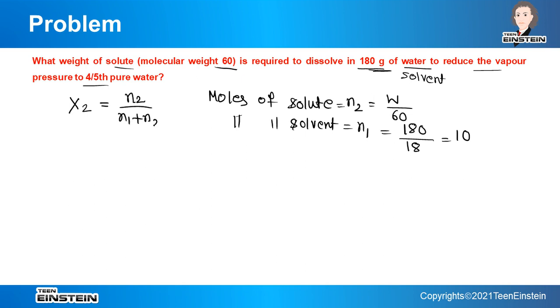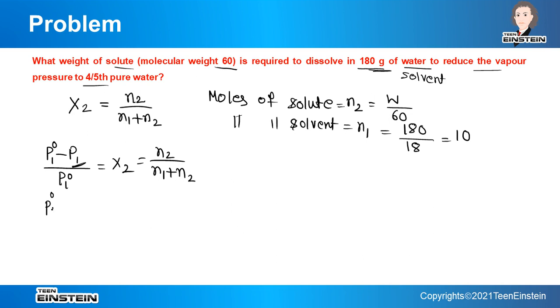And here the relative lowering of vapor pressure, that is P naught, suppose this is for solvent, you can also write P1 naught, that is equal to x2 or N2 by N1 plus N2. Now the new pressure generated after making the solution, P1, is 4/5 of the original.